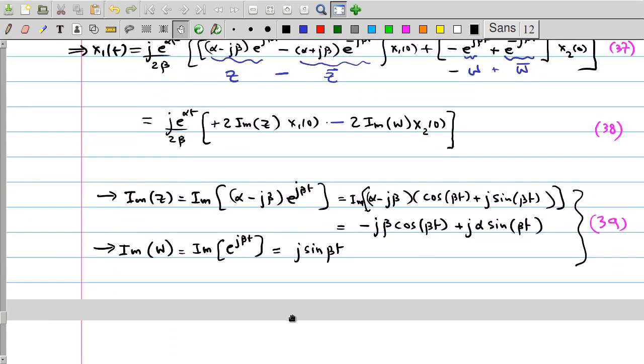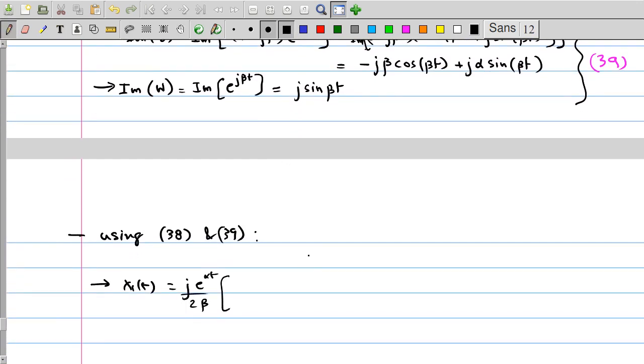2 times, we will pull the j out over here, and we'll also put the 2 out over here. And 2 times that quantity, which is beta cos beta t, plus actually minus, there's a minus there. Be very careful about things like that.